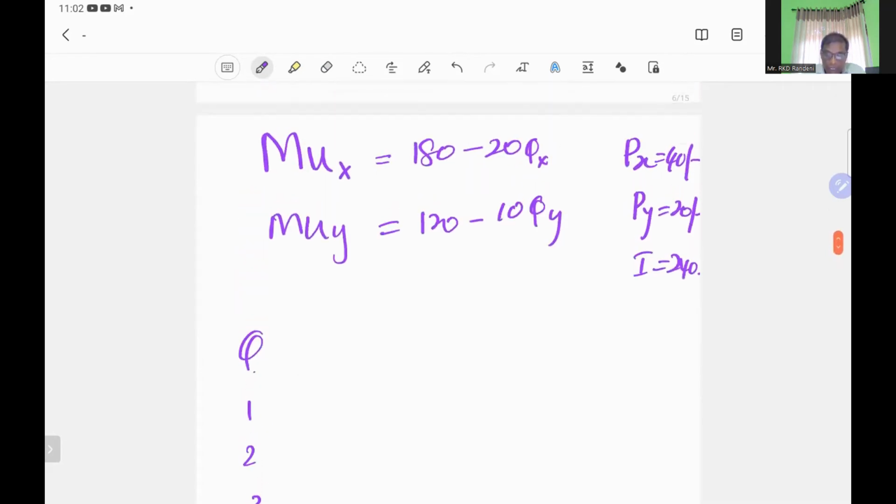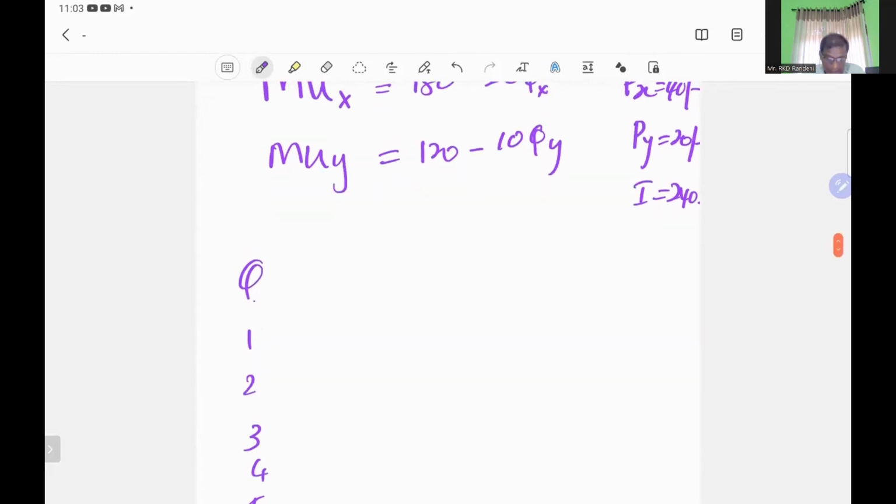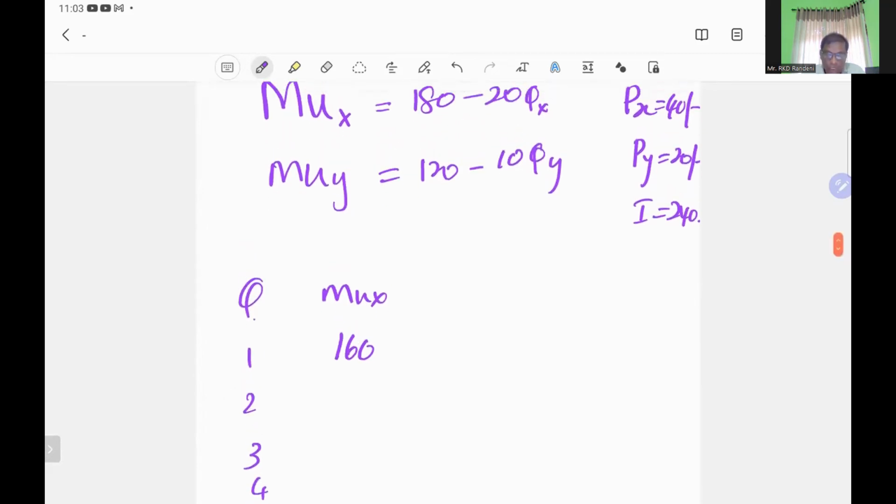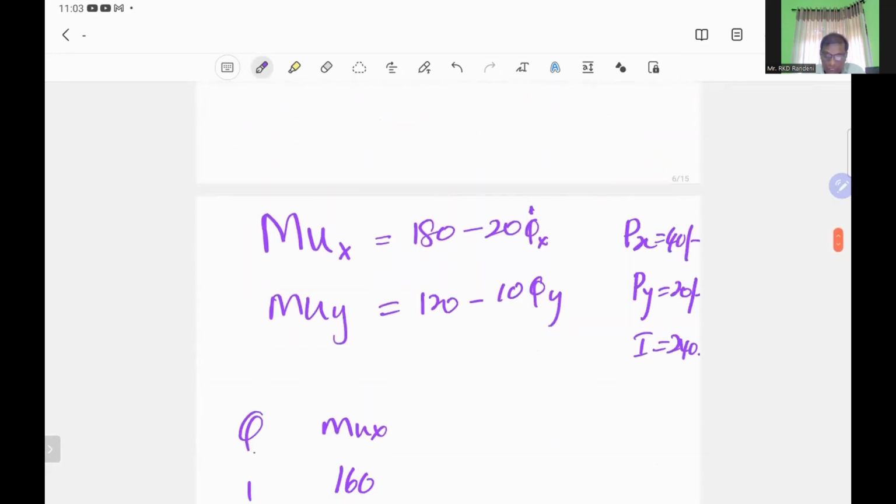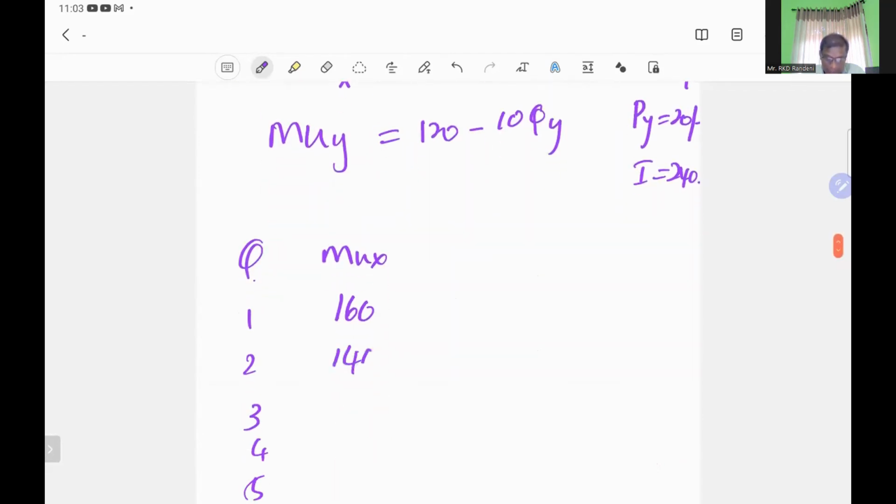Then substitute 1 here, then 20 into 1, that is 20, 180 minus 20, that is 160. That MUX is 160, right? Then substitute quantity 2 here, then 40, 180 minus 40, that is 140. You have to realize how it is deducting 20, 20, like that.